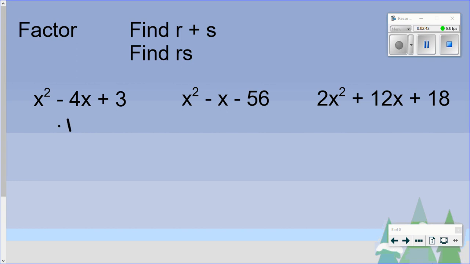R plus S equals -4. RS equals 3. And this is the mathematical way of saying we need two numbers that multiply to give us 3, and the same two numbers add to give us -4.